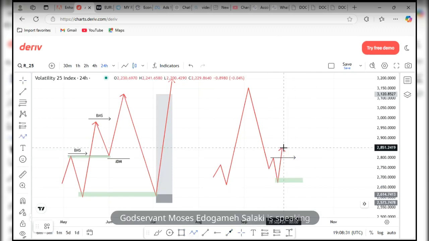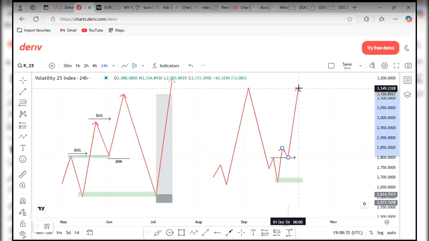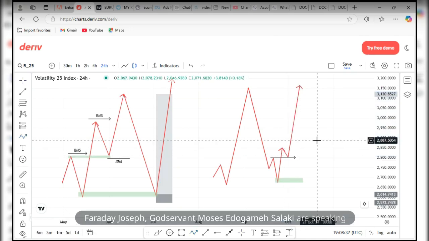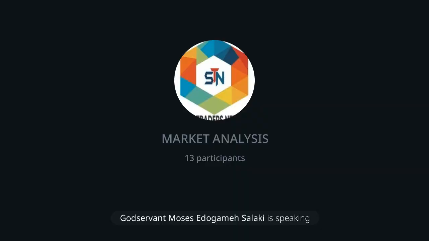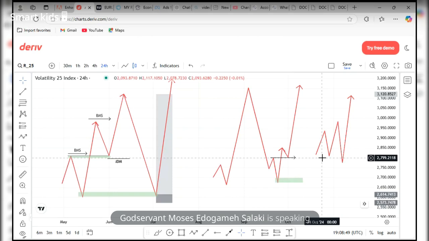And in this place, you are still going to look for the same thing. What's that same thing? Sweep of liquidity and a move in the direction. So price will have to come and take out the liquidity that is built around this place.